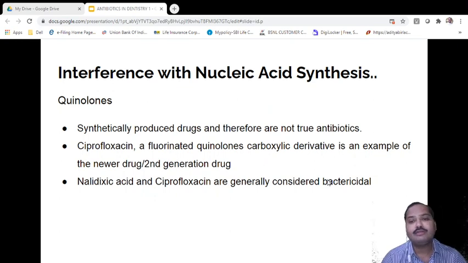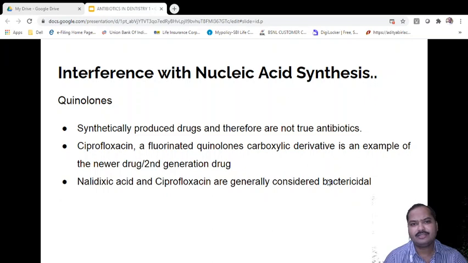Coming to the quinolones, these are synthetically produced drugs, and therefore they are not true antibiotics. In this category, we have ciprofloxacin, norfloxacin, ofloxacin, pefloxacin, amifloxacin, levofloxacin, gatifloxacin.